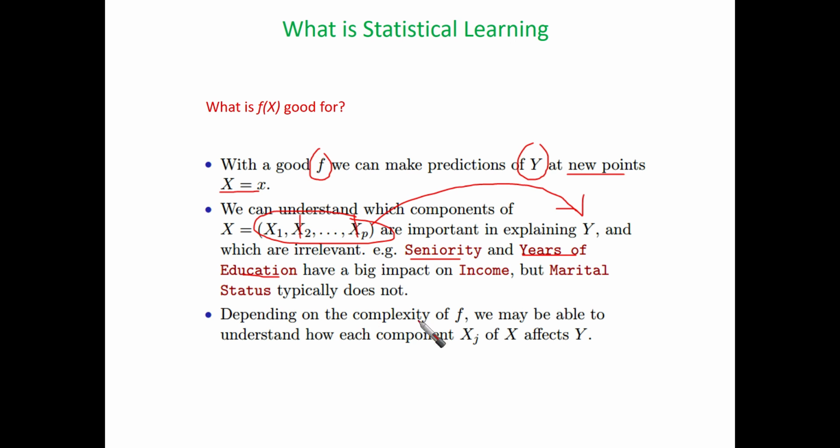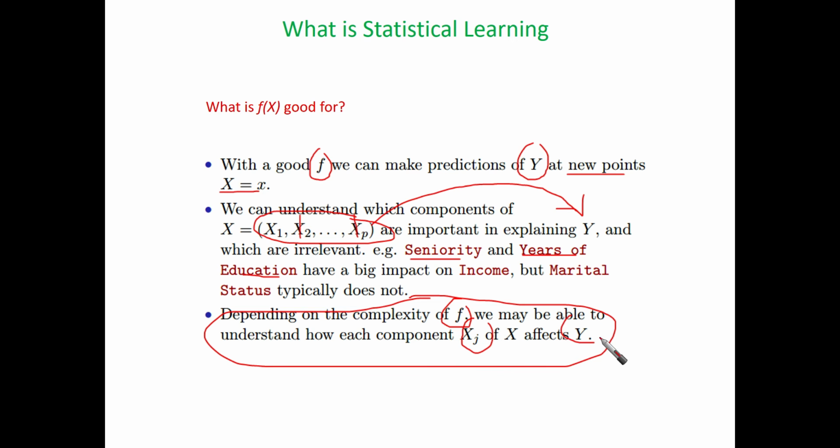Depending on the complexity of the f, what kind of function or model it is, we may understand how each component of X affects Y. This is the interpretation or inference side of things. If your model is complicated, maybe we don't know how each component affects it, and if our model is simpler, maybe we know. So it depends.